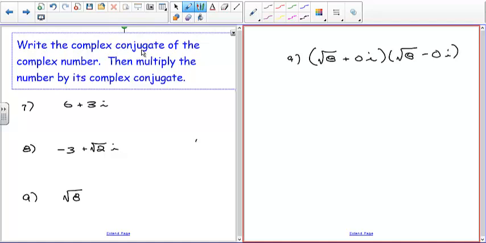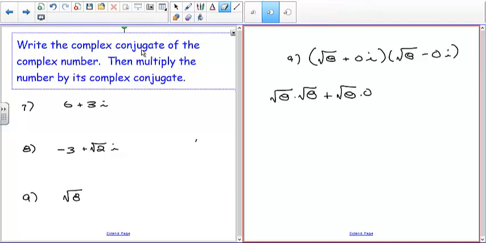Well, all these parts are going to be 0 except for the first product. So you're going to have the square root of 8 times the square root of 8. That's first. Then you'll have outer, which is plus the square root of 8 times negative 0i. So this is 0. Actually, it's 0i, but 0i is 0.